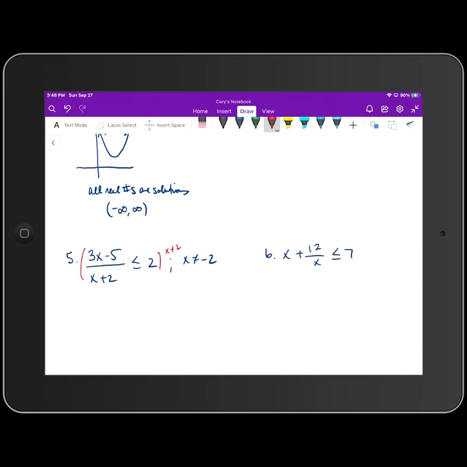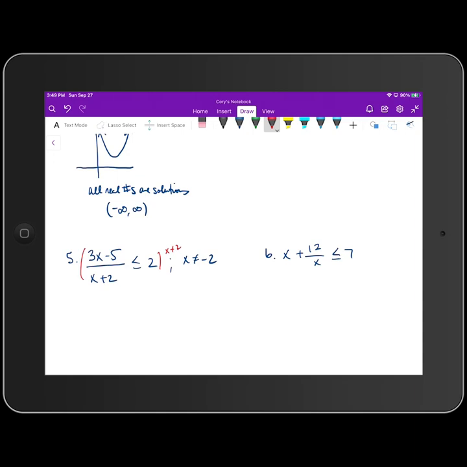And the reason being is, since we don't know what the value of x is, I don't know what the value of x plus 2 is going to be. And if x plus 2 is positive, when I multiply both sides by a positive number, the sign of the inequality remains the same.